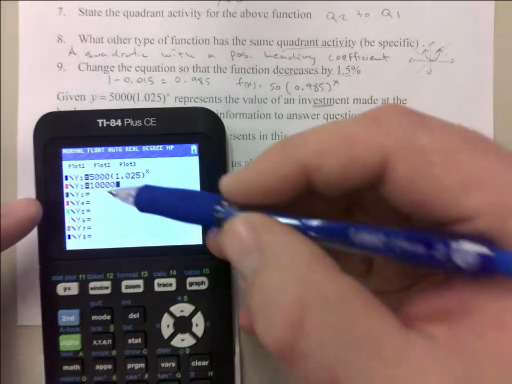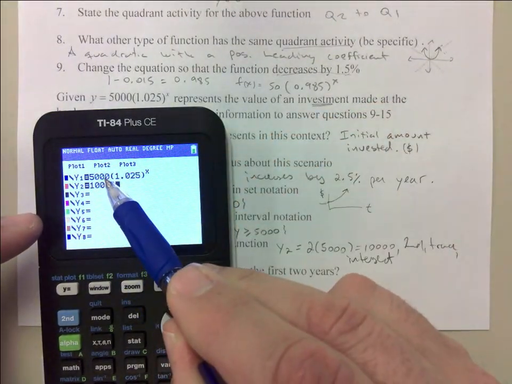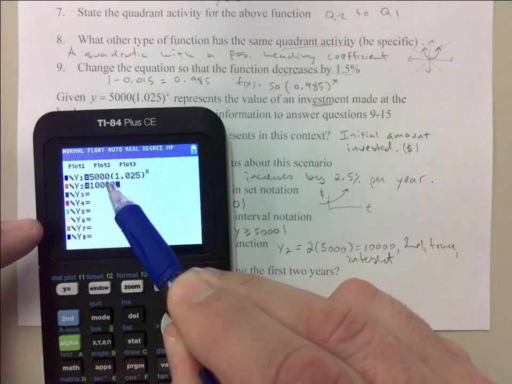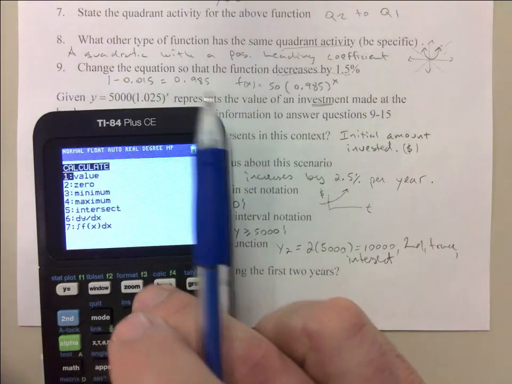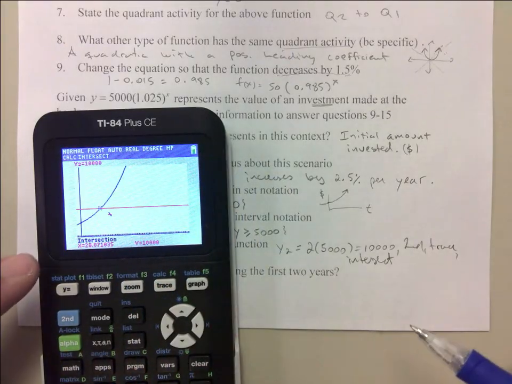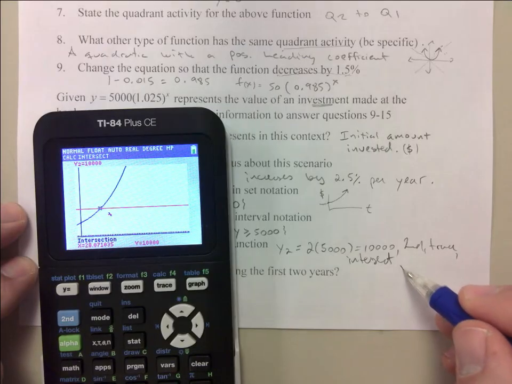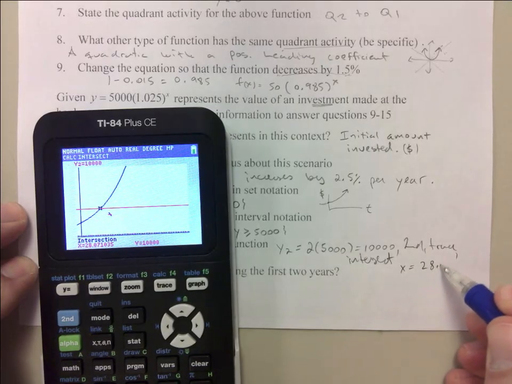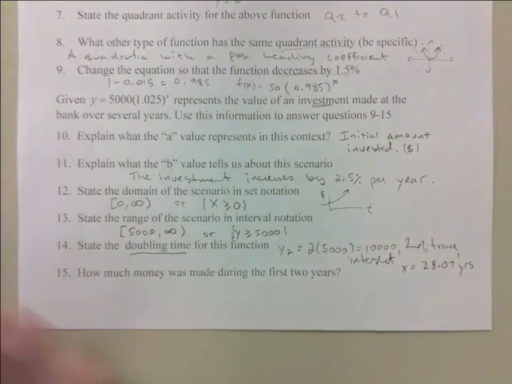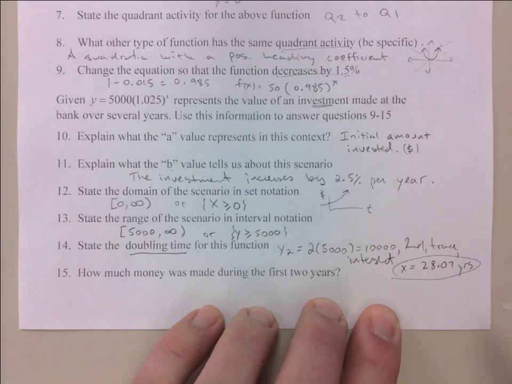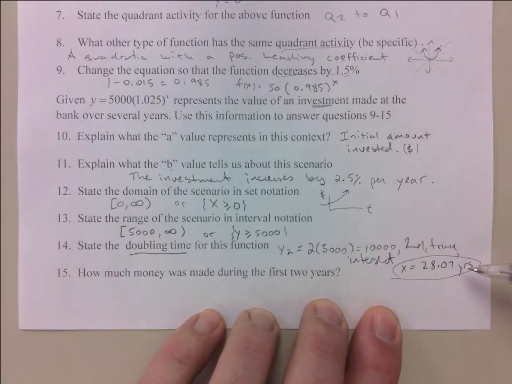You can actually see it quite nicely here. You start with 5,000. Doubling time means you would have double of what you started with. And that's the point that will give us that answer. And so that's 28.07 years. Okay, so your money at this interest rate will double every 28 years.